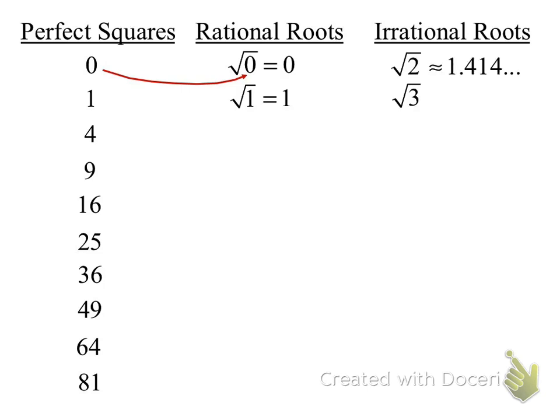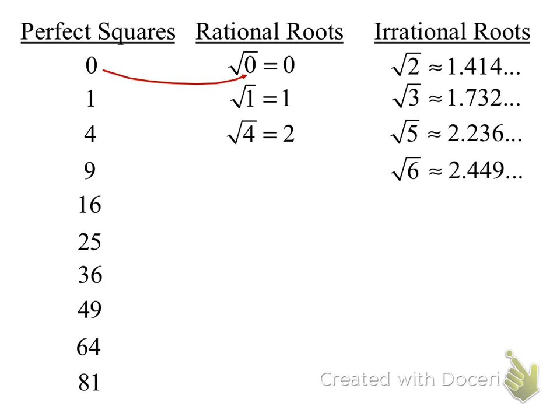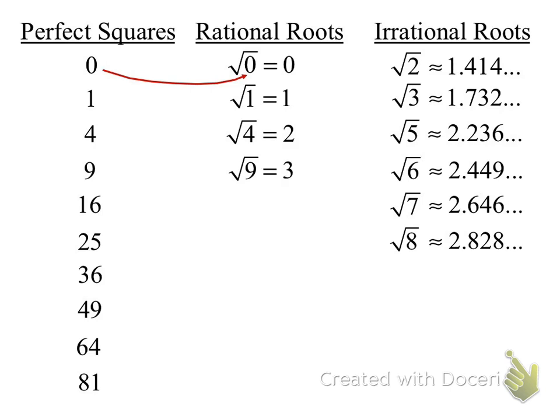Okay, perfect squares. Everything that falls between those perfect squares, like these are rational roots: square root of 4, square root of 9, square root of 16. But what falls between the square root of 9 and 16 is what we call an irrational root. So the square root of 9 is rational, but the square root of 10, irrational. Square root of 11, irrational.